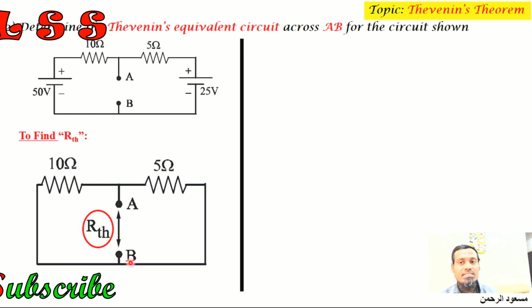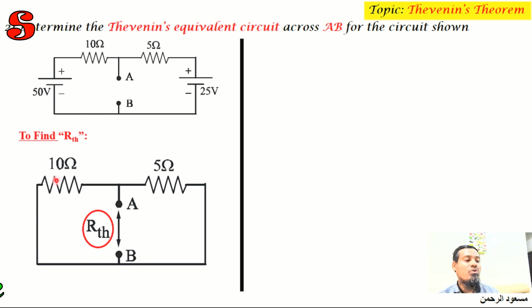To find RTH, first of all, we need to know what is the connection between the 10 ohm and 5 ohm resistance. For knowing about the connection, let us supply a current from the node A like this. As there are two paths available, the current will divide into two parts. Once the current is dividing across branches, those branches are connected in parallel.